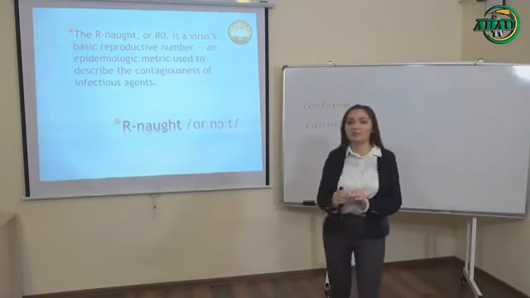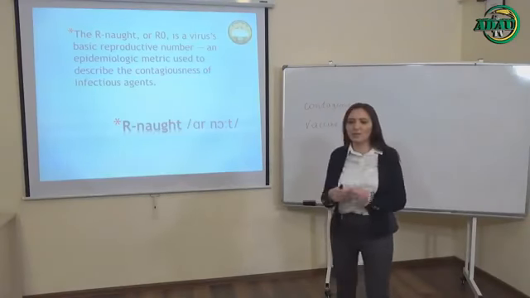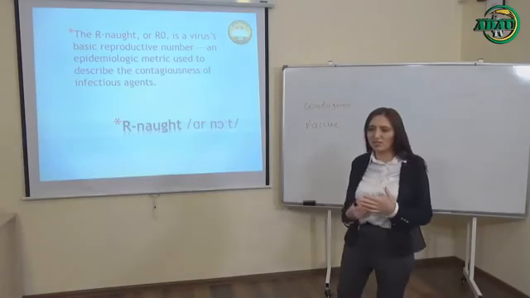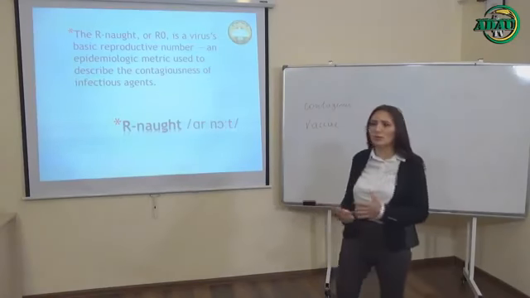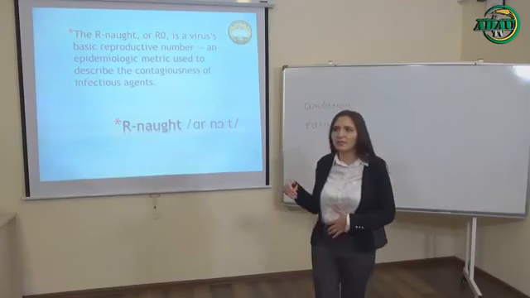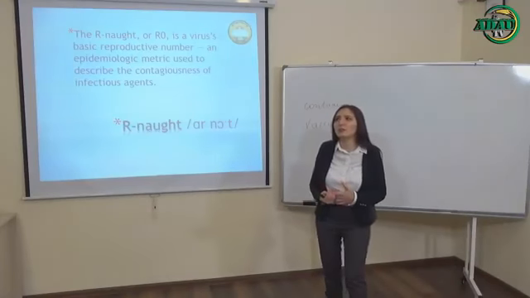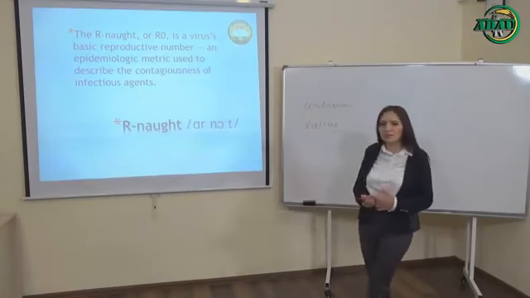If the R0 is high, it means it's very contagious and it can infect others. As you saw in the previous slides, if R0 is, for example, 3.6, it's high.